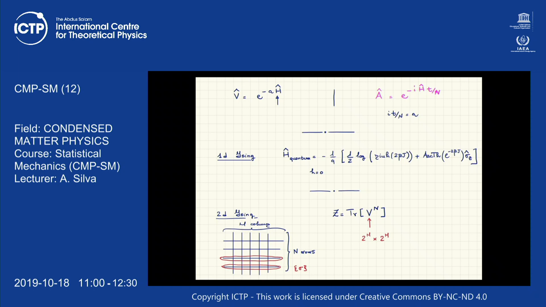Still, for the two-dimensional Ising model, if you write your V as e to the minus a times h, it turns out that your h is a one-dimensional quantum problem, because we have a two-dimensional classical problem, and this would correspond to d minus one-dimensional quantum.